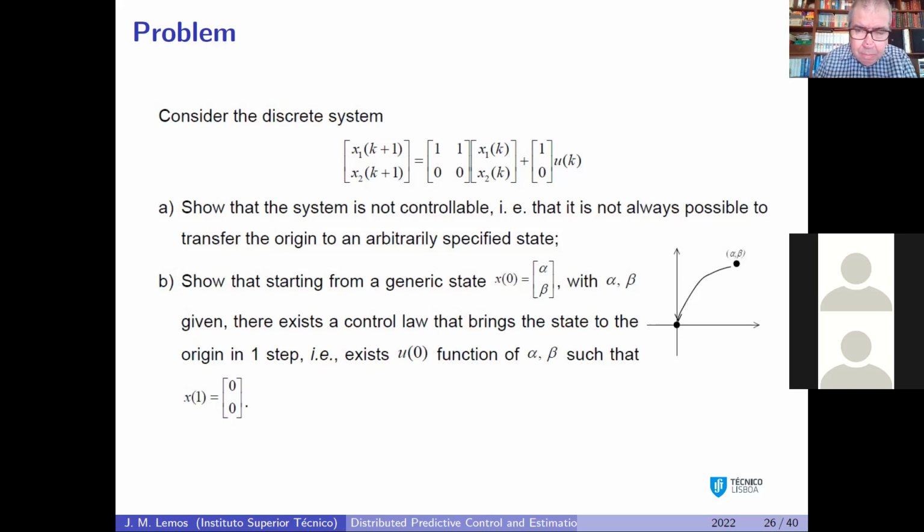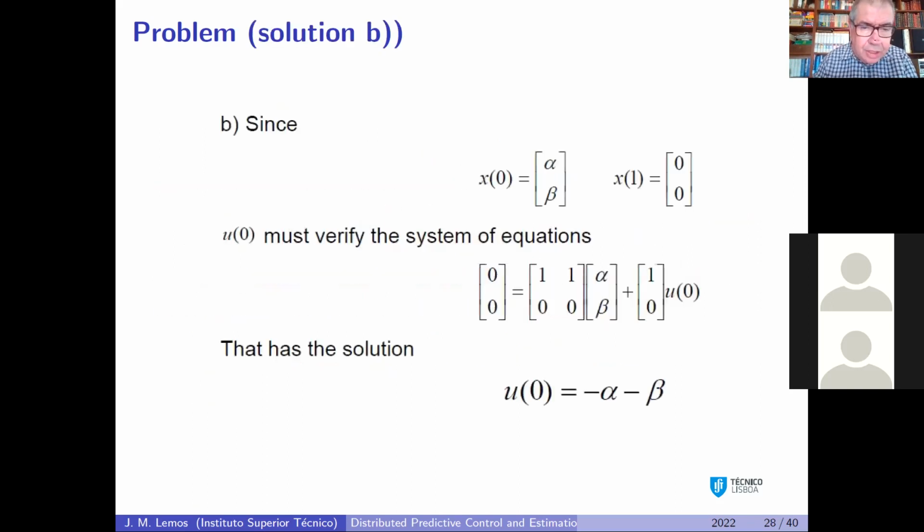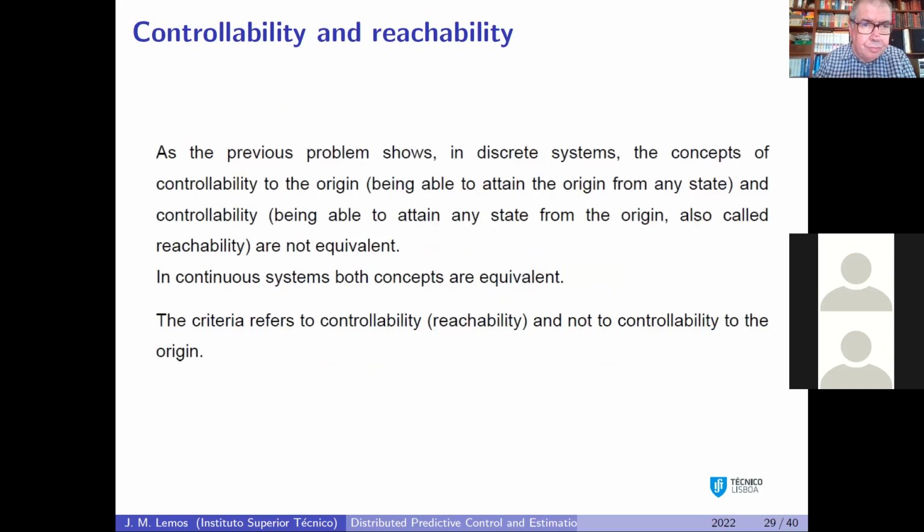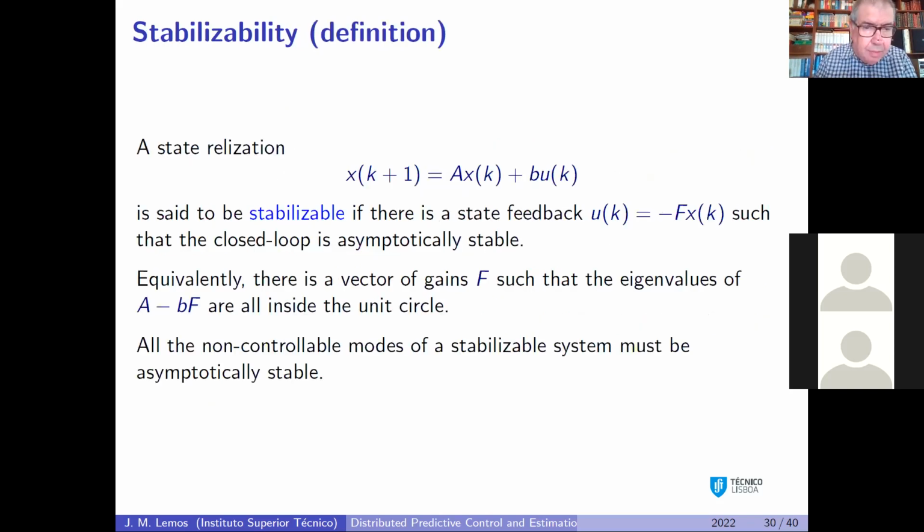Bear this in mind, as this is a major difference between discrete time systems and continuous systems, because in continuous systems both notions are equivalent, but in discrete time they are not. Okay, any question? Okay, this is the comment on reachability.